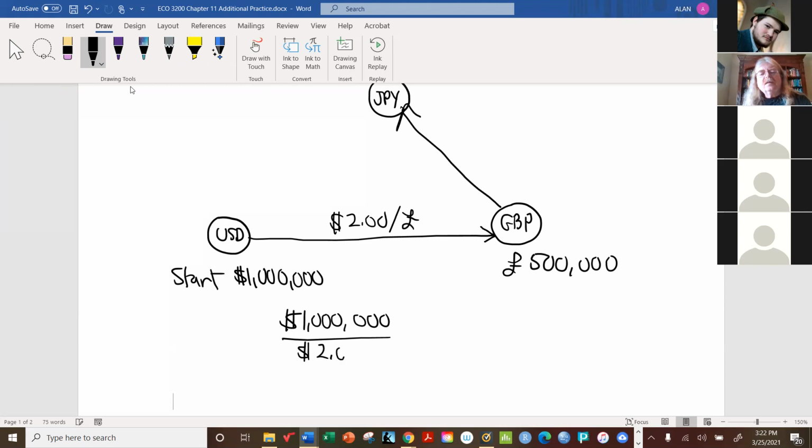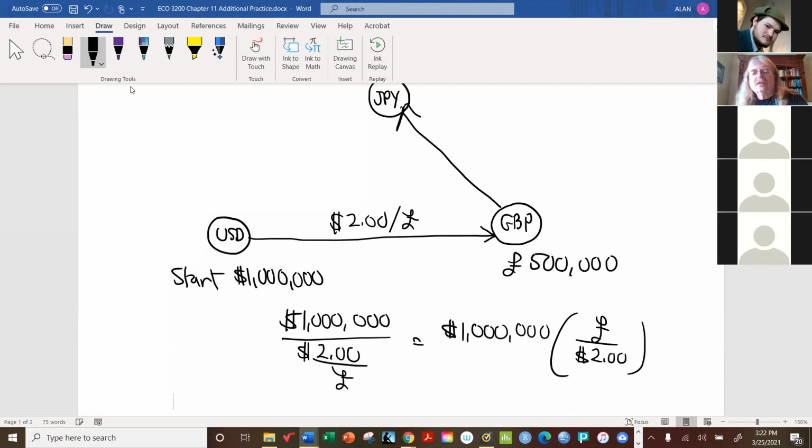This is the equivalent of multiplying 1,000,000 by 1 pound over $2. Algebraically, these are equal to each other. And so now the units cancel out nicely, and we are in fact left with 500,000 pounds.